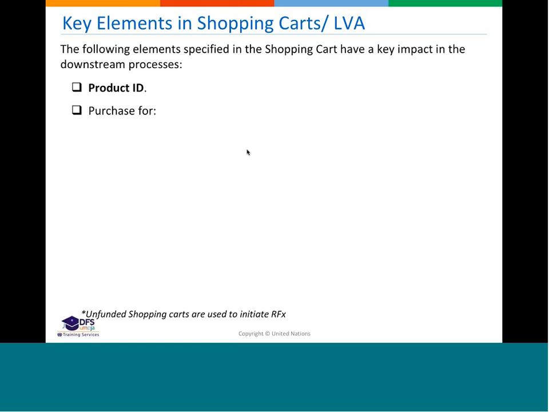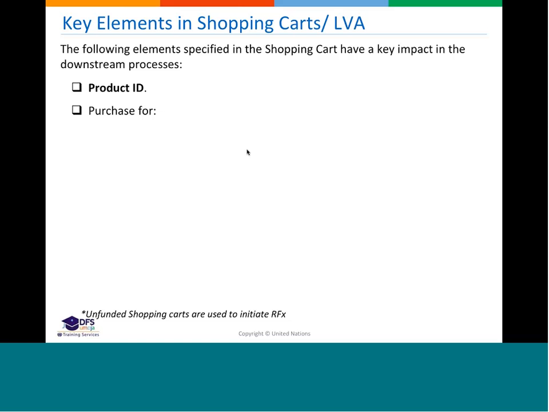What is the impact of a product ID not being available in Umoja? That you will not be able to request it in a shopping cart. In the shopping cart, what you include are lines, and these lines are represented by product ID. So all these concepts that I'm giving you in this WebEx is for you to know that your participation and your advice is important.